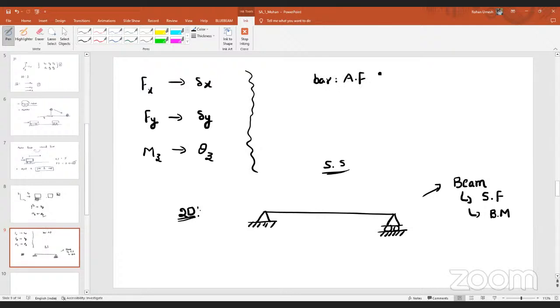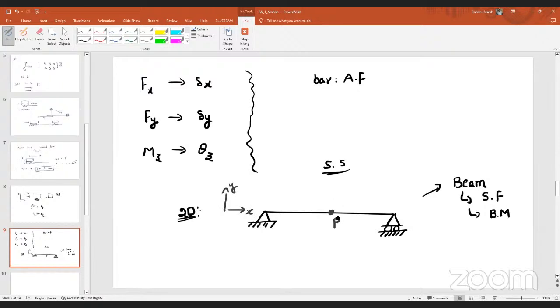Okay. Now, as I'm talking about a two-dimensional problem, in general, let us say if I take any point somewhere here, can you tell me how many possible motions are possible at this point? Let us say I'm talking about point P, and my 2D plane is XY.